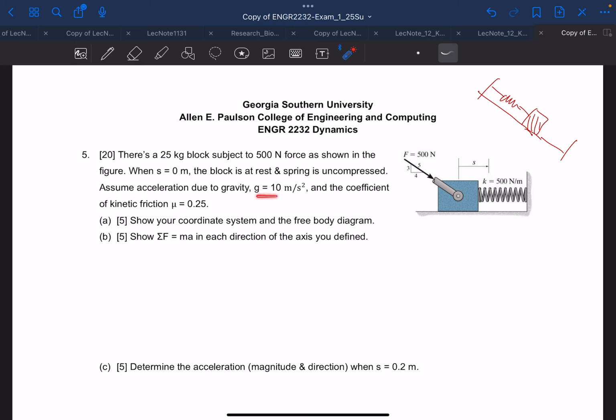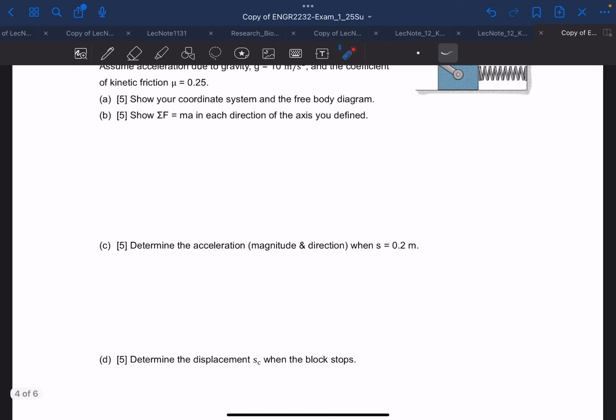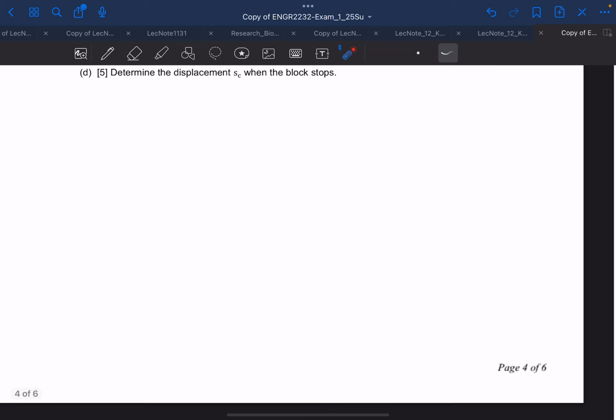We assume gravity is 10 and the friction coefficient is 0.25. Show your coordinate system and free body diagram, do F equals ma, and then determine the acceleration when S is at 0.2, and we want to find the displacement when the block stops, and that's it.